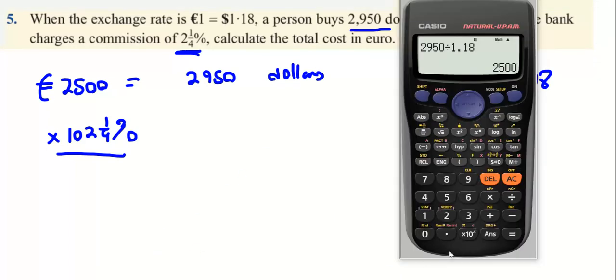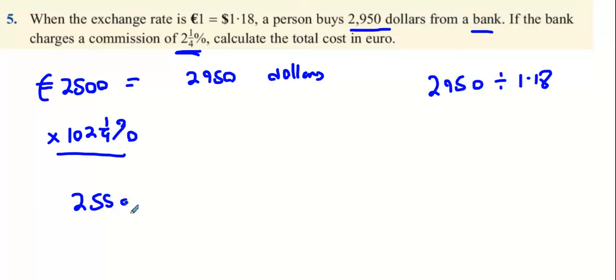So you're going to have to do 2,500 multiplied by 102 and 1/4. You can use the mixed fraction button here, shift this button here, so 102 and 1/4%. Hopefully this works. Shift %, and you get €2,556 and 25 cents.